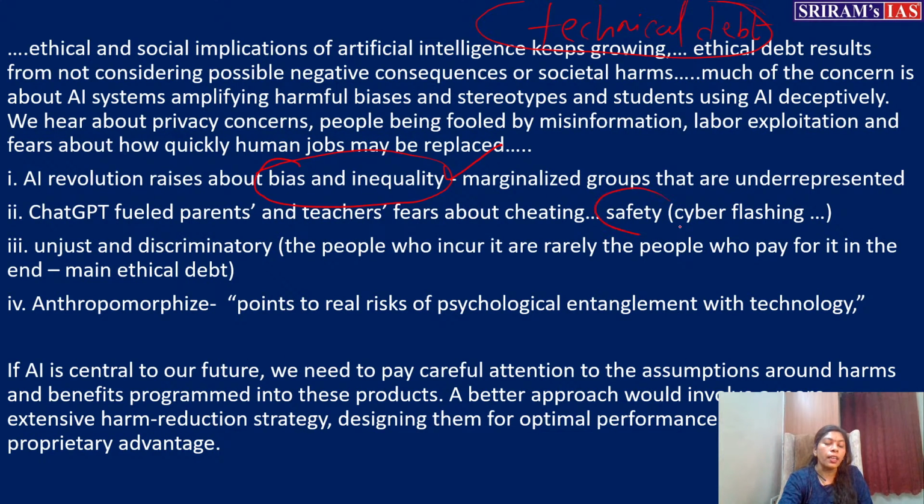Second, safety. We are in the cyber world, but how much cyber security do we give to our children? As I already said, a large number of children are repeatedly on the internet playing games. I have mentioned only a few points here; you can add more. First, bias and inequality. Second, safety.